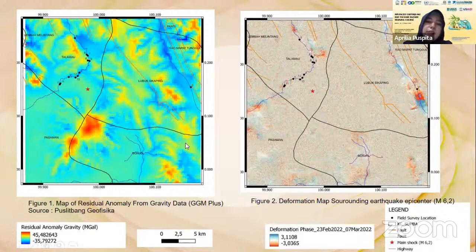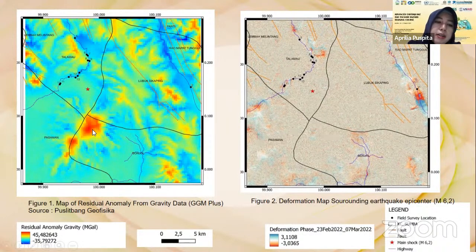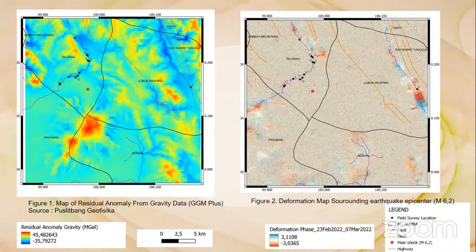I will compare my result with a map of the residual gravity anomaly from the GGM Plus data by Puslitbang BMKG. We can see the red and yellow areas indicate a positive residual anomaly that is associated with a strong soil structure.